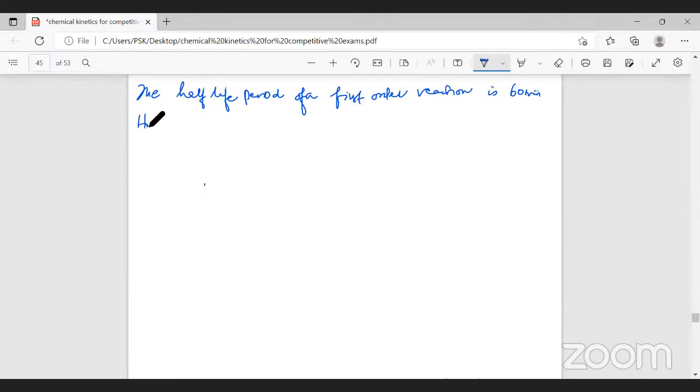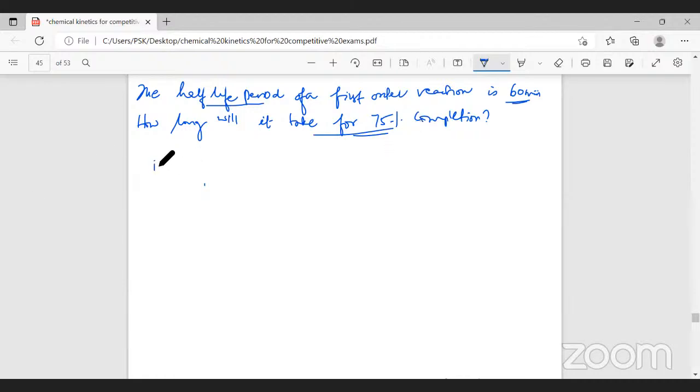How long will it take for 75% completion of the reaction? They're asking: the half-life period of a first order reaction is 60 minutes, how long will it take for 75% completion of the reaction?